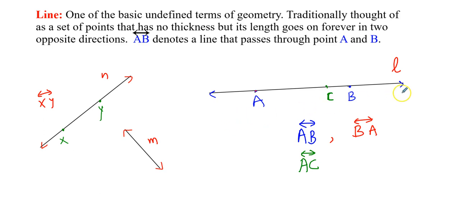It represents the same straight line, whether it is AC or CB or BC, all are representing the same straight line L, right? That is about a line. A line is nothing but a straight set of infinite number of points which satisfy this particular condition of aligning in a line, and it is extended on both sides, right?